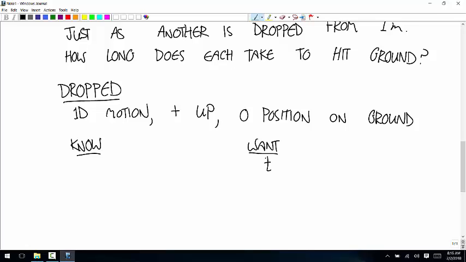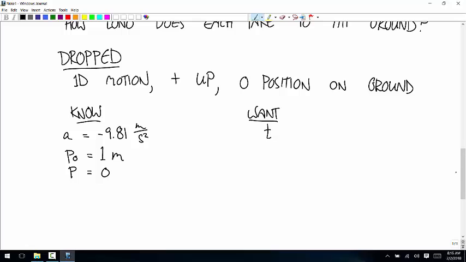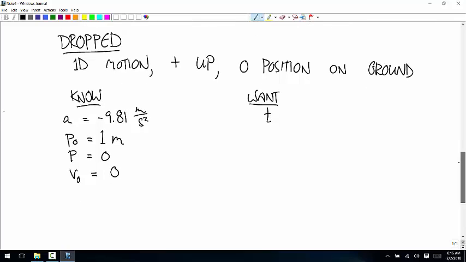Do we know the acceleration? Yep. Do we know the initial position? Yep. Do we know the position at time t? Do we know the initial velocity? And do we know the velocity when it hits the ground? We don't, but we don't care. If we can get by with this, no problem. Okay, so what equation works?